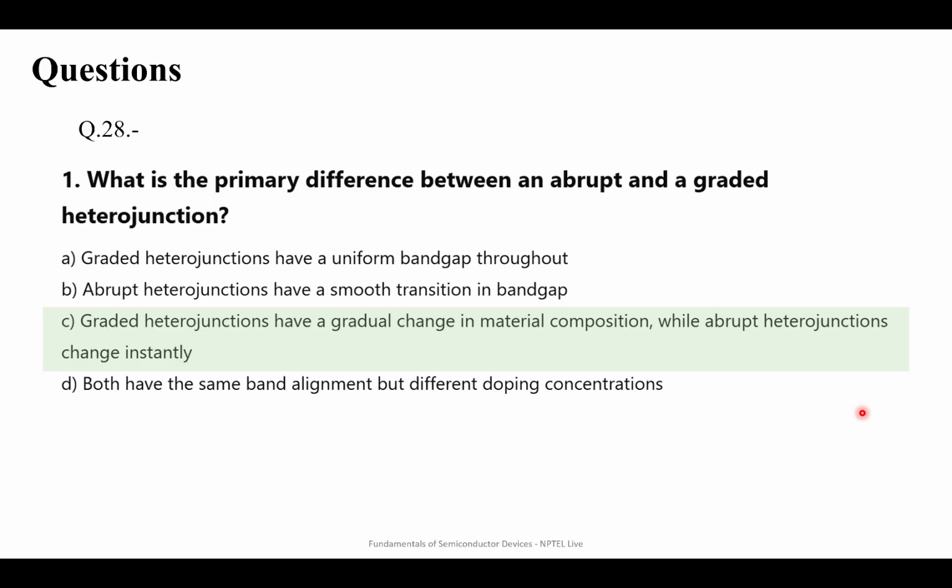But I can go aluminum nitride, then aluminum 0.2 gallium 0.8 nitride, then aluminum 0.4 gallium 0.6 nitride, then aluminum 0.6 gallium 0.4 nitride, aluminum 0.8 gallium 0.2 nitride, and then gallium nitride, you get the point. So that is a graded heterojunction.